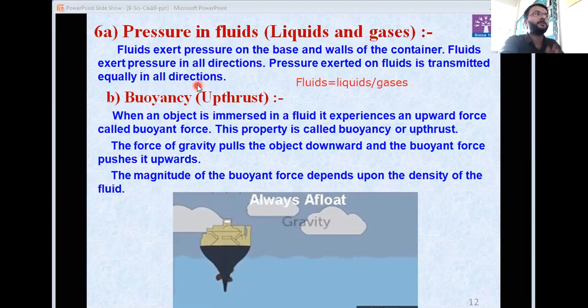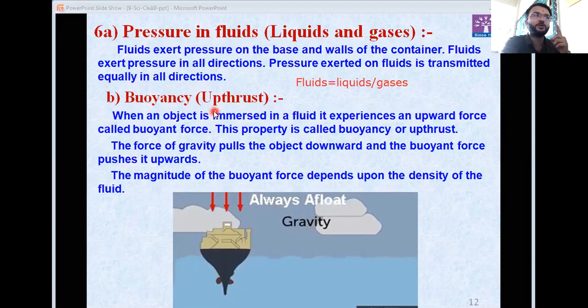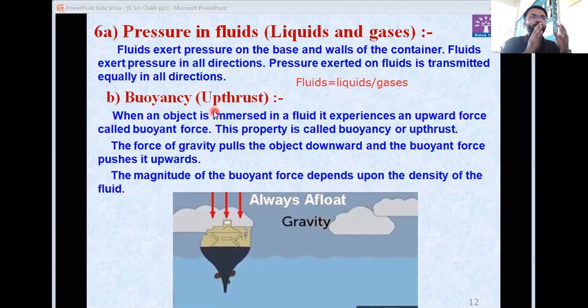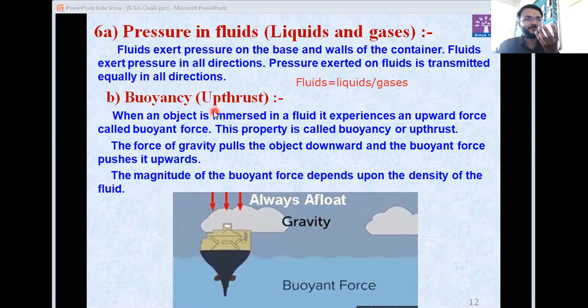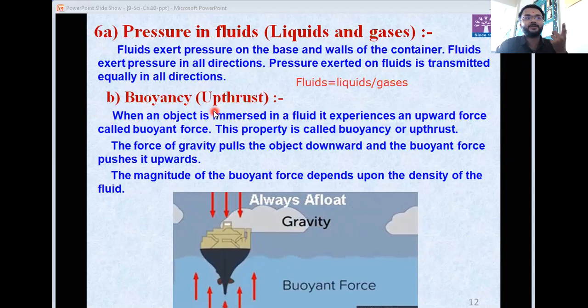Okay. Now the new concept that we have here is buoyancy. It is also known as upthrust. Please remember, buoyancy is a property of any liquid. So what happens with this property? Any object, if it is immersed in water or any fluid, then that fluid or water itself will exert force in the upward direction.